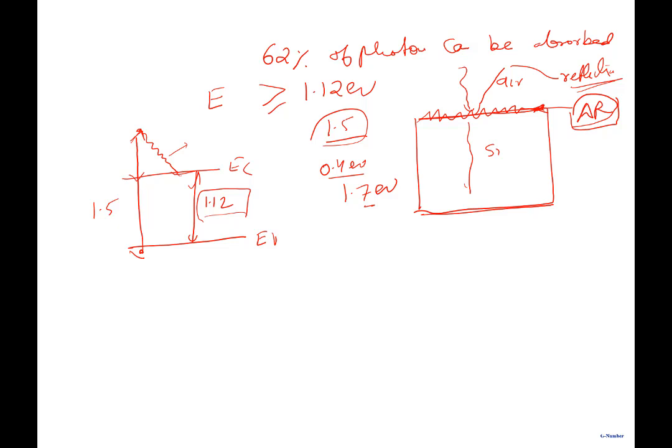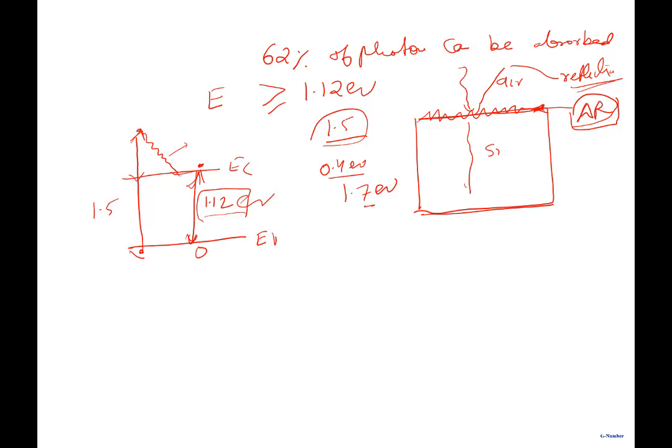Finally, what you are able to get is an electron and a hole. The electron will be at the bottom of the conduction band and the hole will be at the top of the valence band. So the effective energy that you have generated through the photon is only 1.12 eV.